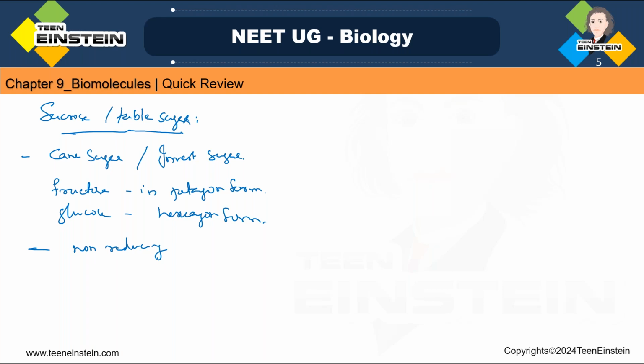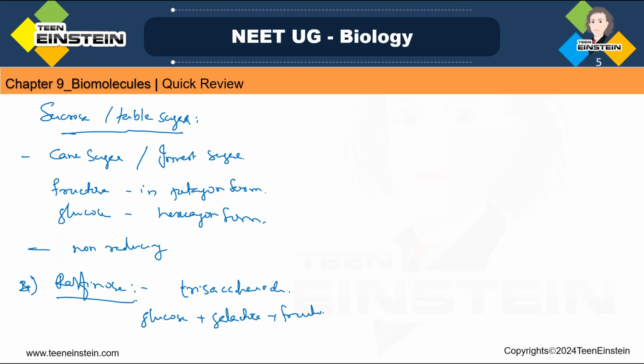Next comes raffinose. The fourth type is raffinose. This is a trisaccharide, and it has glucose, galactose, and fructose. Clear? Next, the fifth one is cellobiose.